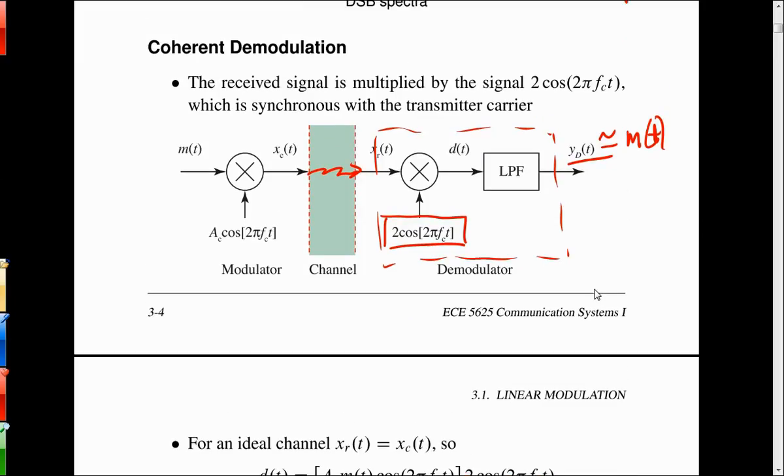But this block diagram here is the same as that problem that I referenced, except it was for demodulating AM using a coherent demodulator.